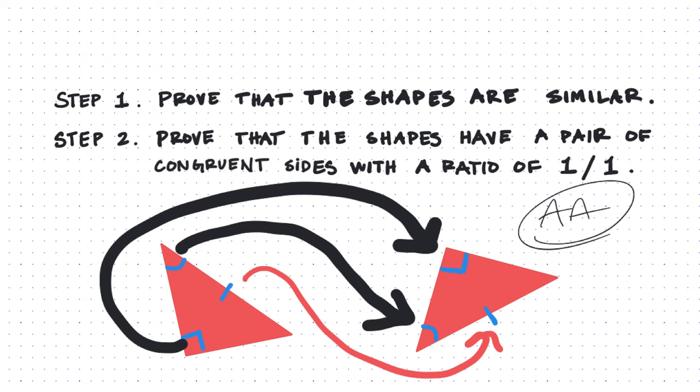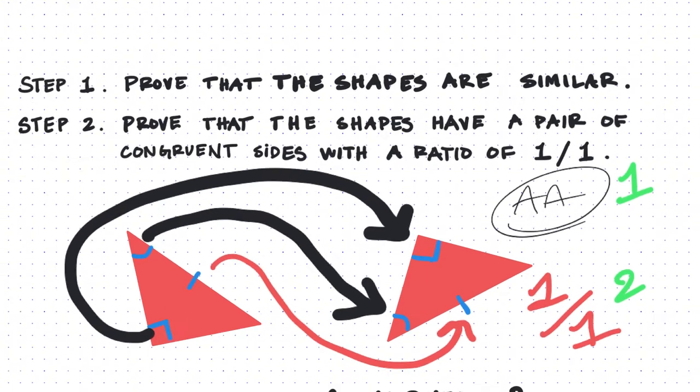And because they have the same length, as denoted by the tick marks, we know they have a ratio of 1/1. And therefore, because I have proven that they are similar, and I found at least one side that has a ratio of 1, I know that all sides have a ratio of 1, and therefore, these two triangles are, in fact, congruent.